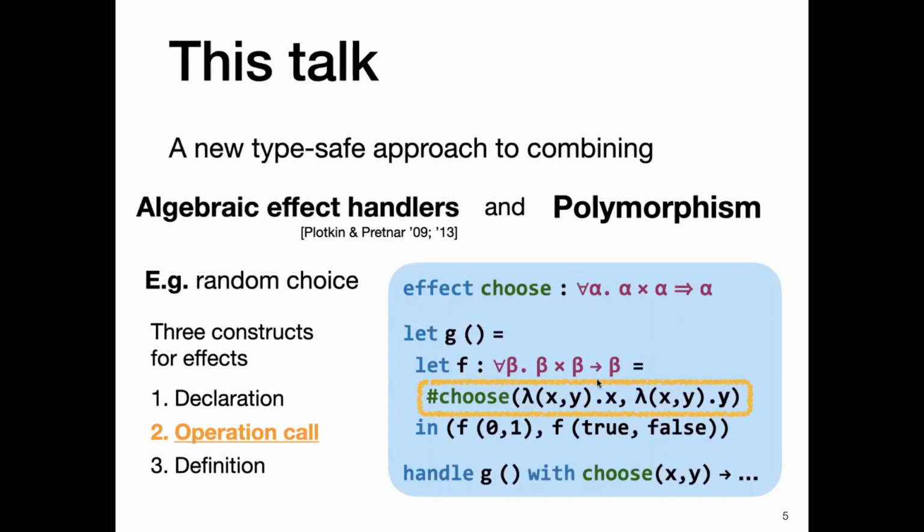So the result of this operation call is also assigned the same polymorphic type. The third construct is for defining effects, which is achieved by the use of effect handlers. Effect handlers are a key component in defining effects, but in this talk, I omit the details of them.